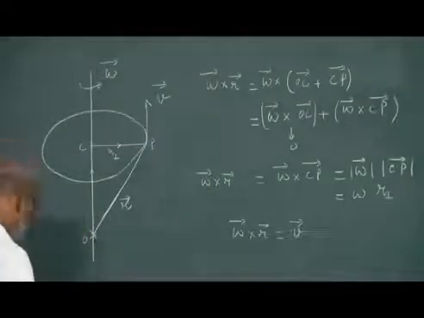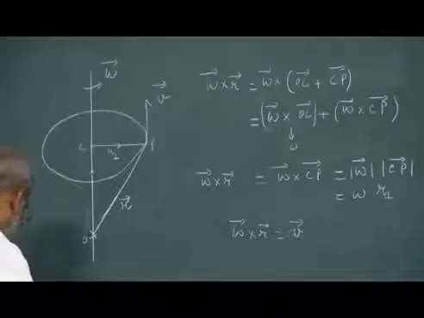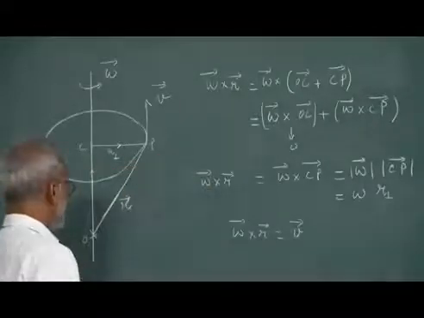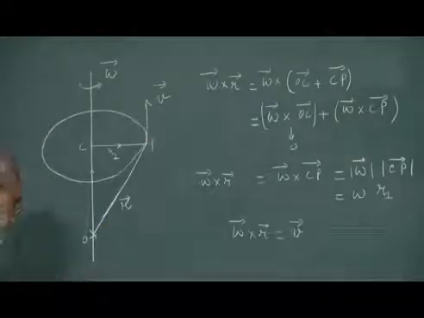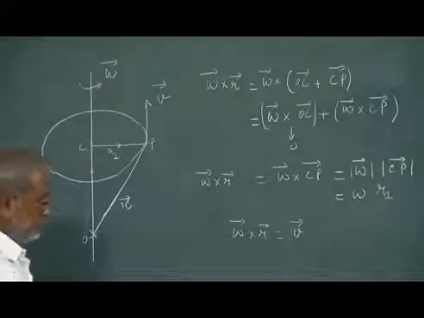Now, for the relation, what is it that we have done? Omega cross r is a vector of magnitude omega r perpendicular and is along the tangent to the circle. So the linear velocity v at P has the same magnitude and direction, that is what we have seen.